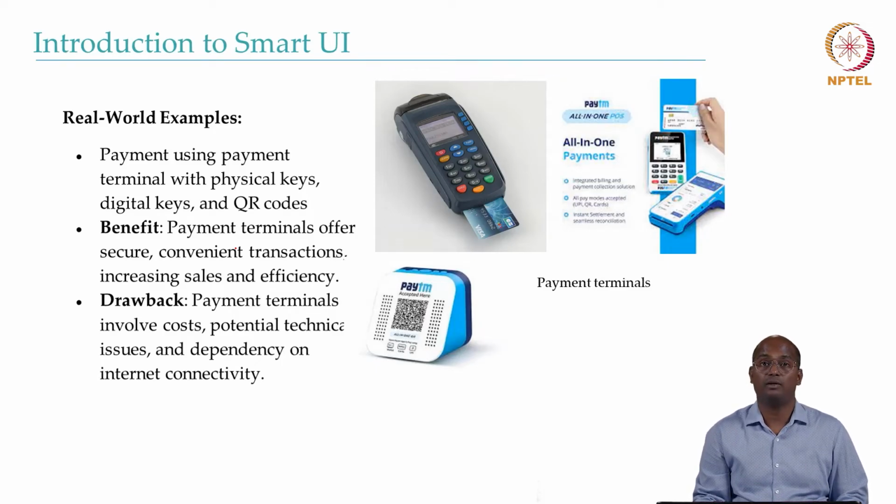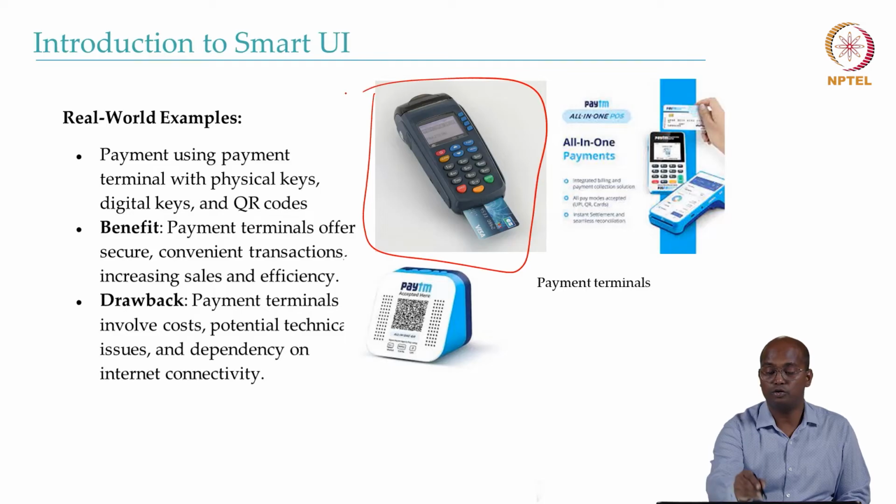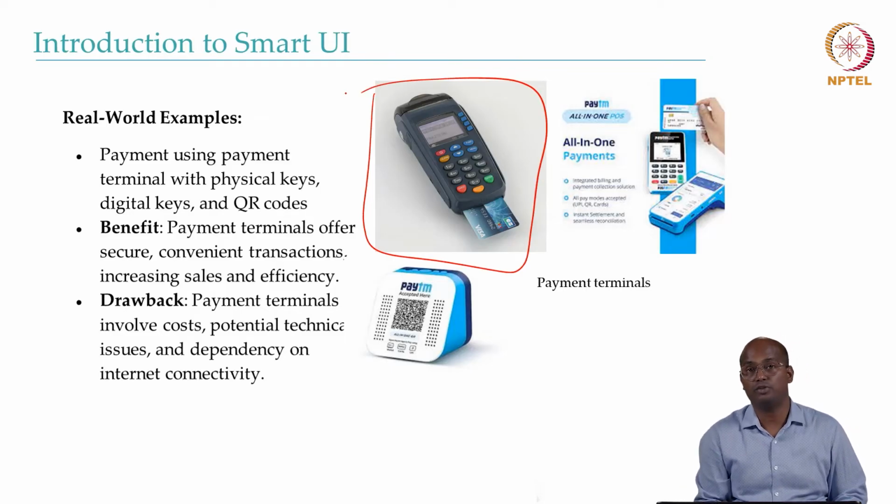There are more real-world examples you can see around you. Many of you have seen the different payment terminals at grocery stores and different shops, because these days, especially in the era of the digital world, nobody carries cash. People often prefer to pay through cards or other ways.